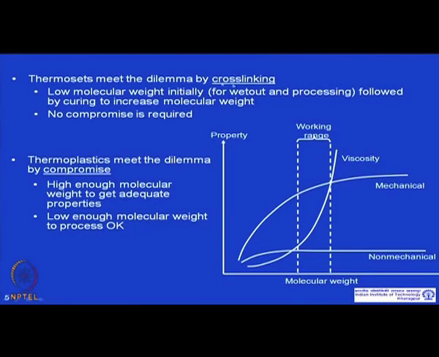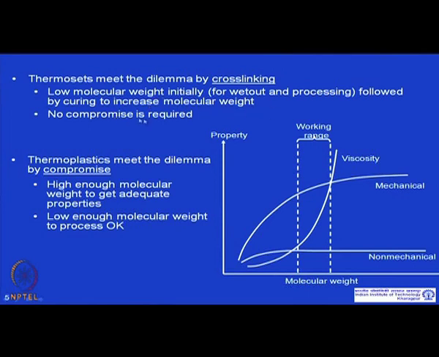In the case of thermosets, you do not need that compromise, because thermosets generally start with low molecular weight polymers. You process that low molecular weight material, and then subsequently you crosslink, or cure in other terms, to increase the molecular weight.